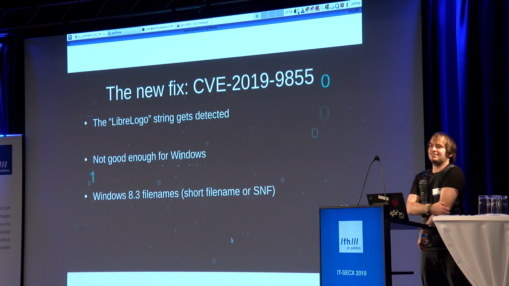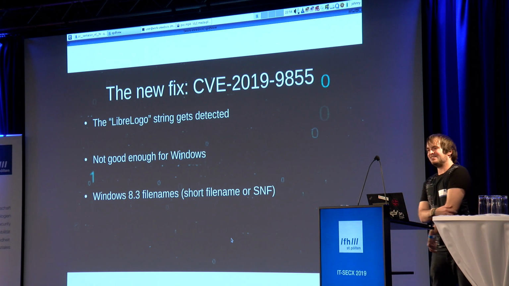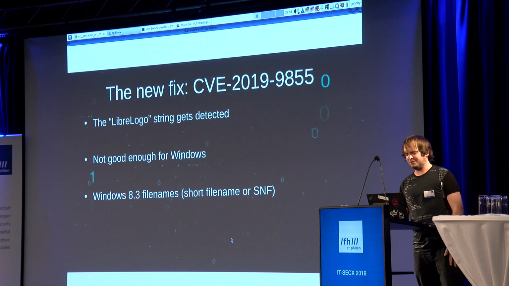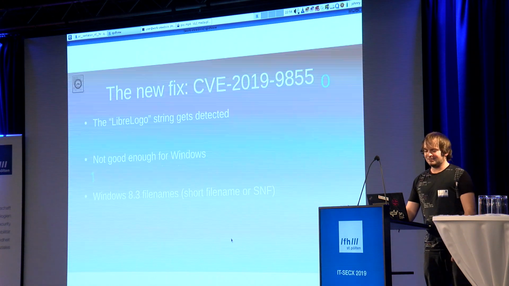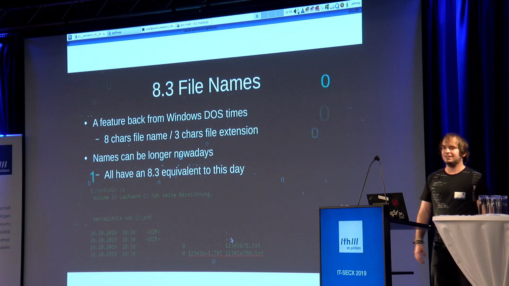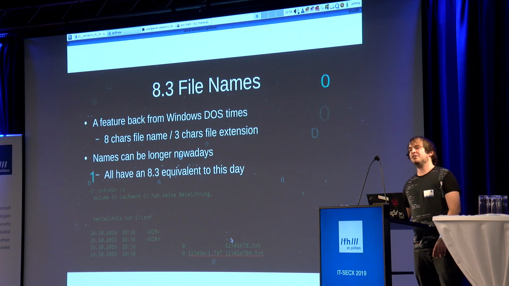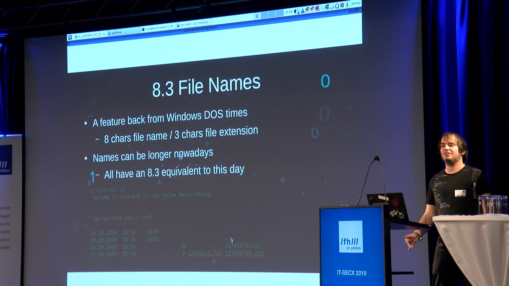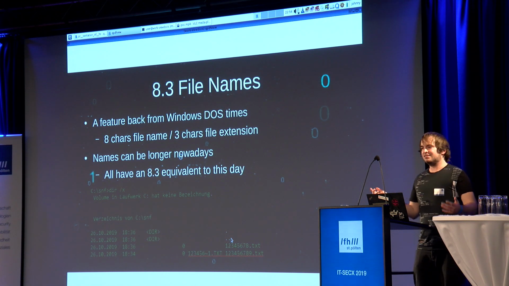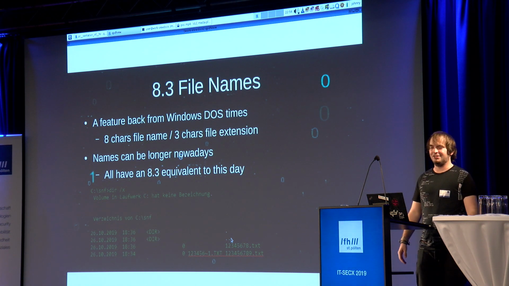On Windows, you have the feature which is called 8.3 file names, or short file names, or SFN, apparently. And that's from the Windows DOS times back then. It's the limitation that a file name can only be 8 characters long, and the file extension only 3 characters. Nowadays, maybe you know that file names can be longer.